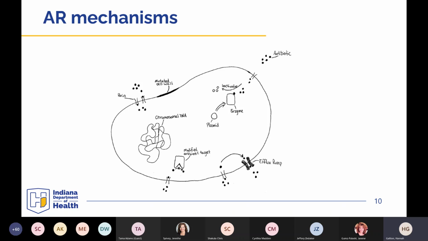The last resistance mechanism is enzymatic inhibition. This is the most common mechanism of antibiotic resistance. Enzymes produced by the bacteria can change the chemical structure of the antibiotic. Examples of enzymes include penicillinases, extended spectrum beta-lactamases, and carbapenemases.